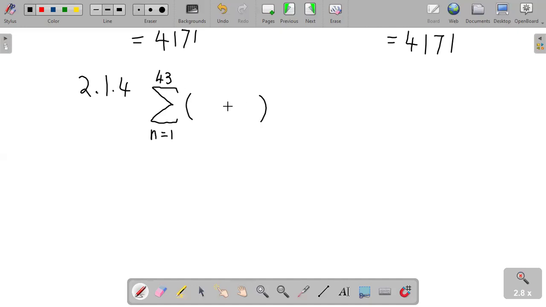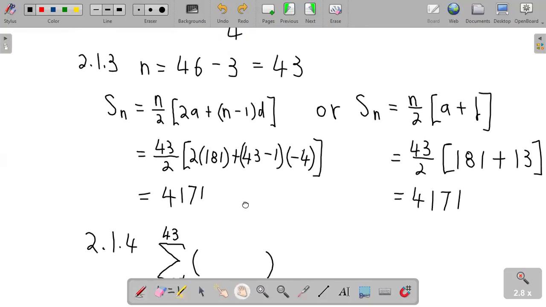And then here we must have Tn. Right? The general term must come inside the bracket here. So what is the general term in our case?